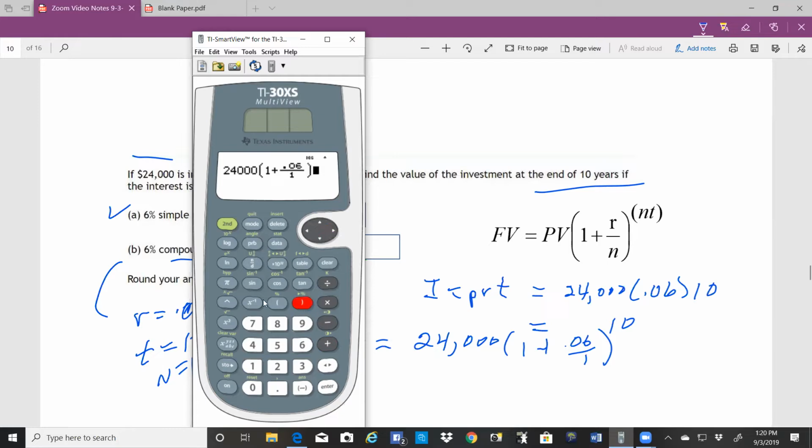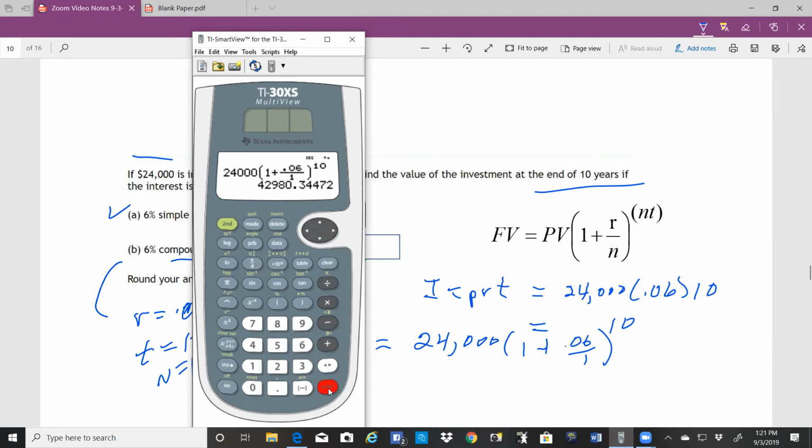And take that to the 10th power, assuming I didn't make a mistake. By the way, I would encourage everybody to check their work. Do this calculation twice and really be careful about what you put in the calculator.